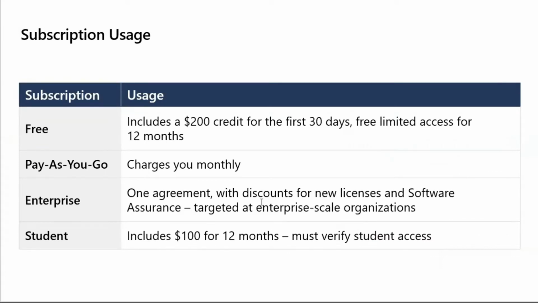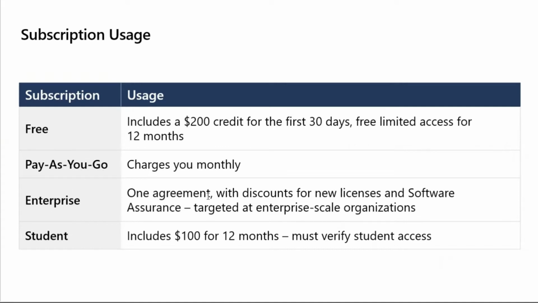Subscription usage: a free account. They provide more credit, including a $200 credit for the first 30 days, and free unlimited access for 12 months. After that, there are some services you'll be able to use for the next year. Pay as you go charges you monthly.